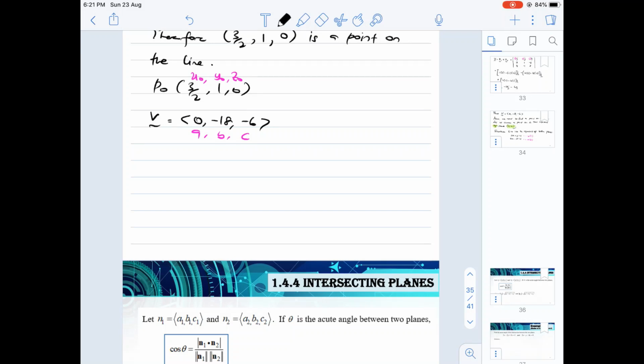Therefore we will have the equation of the line: x equals x naught plus at. x naught is 3 over 2.